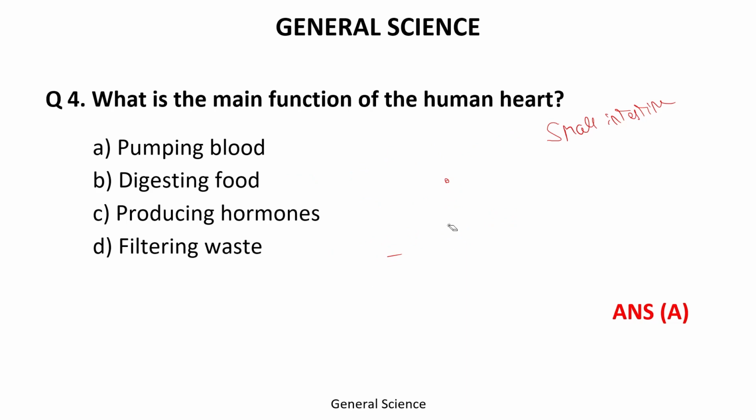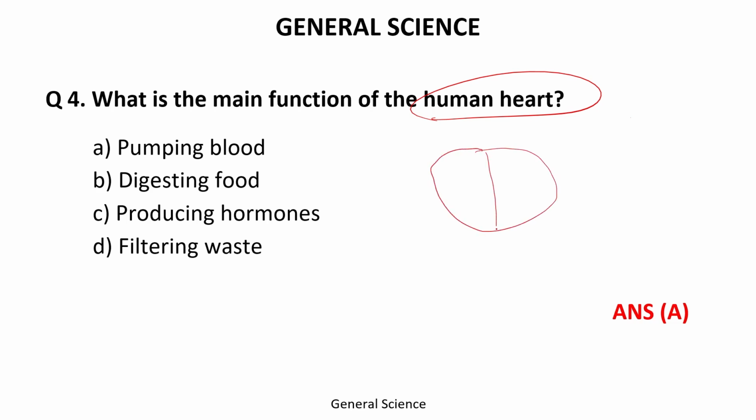And one more thing which I would like to share with you regarding the heart. The heart is basically divided into two parts, the right anterior and the left anterior.